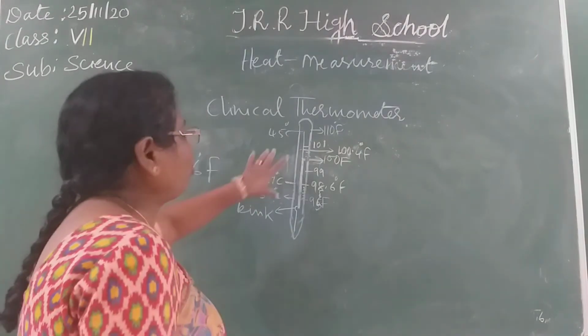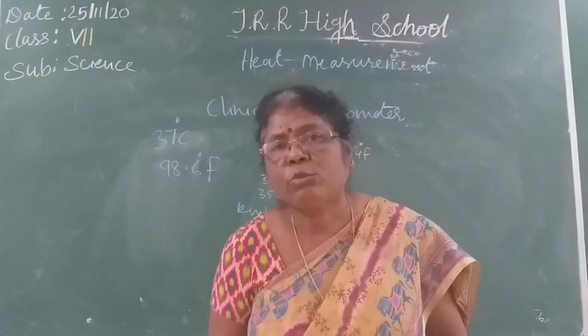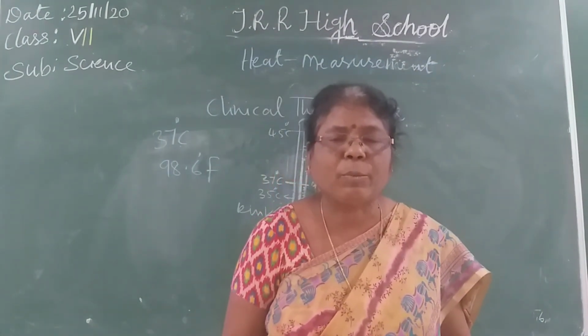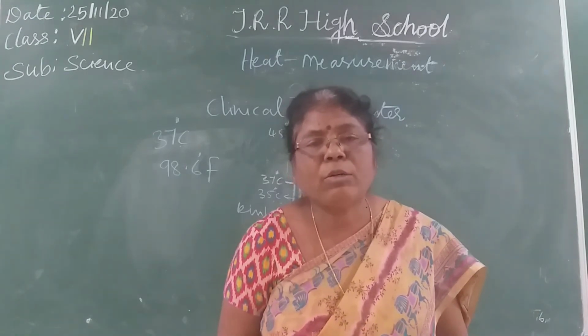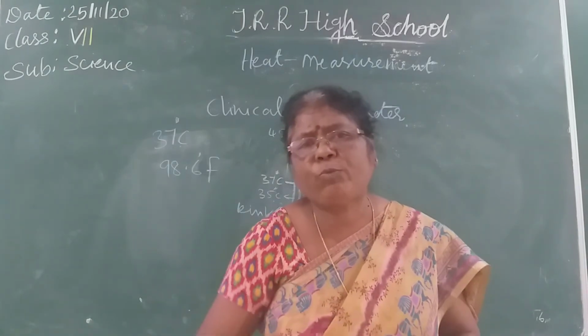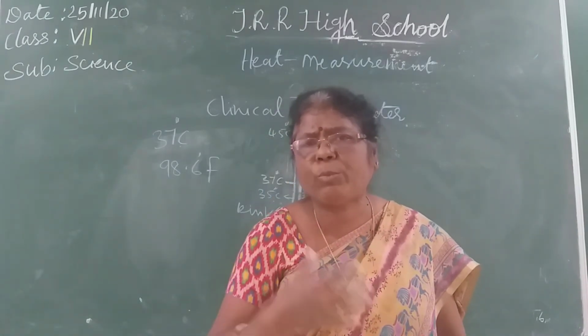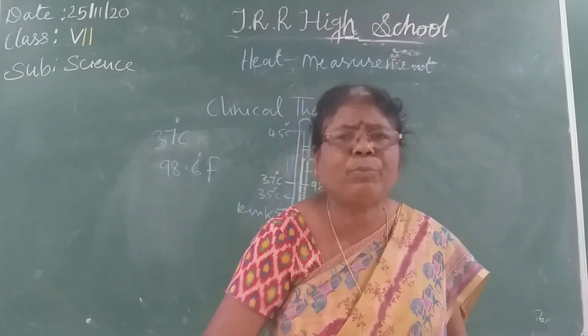You have to keep this thermometer in your body for at least 1 or 2 minutes to get the temperature. If you keep it for a longer time also, there will be no change in the temperature on the thermometer. You will get a constant temperature only.